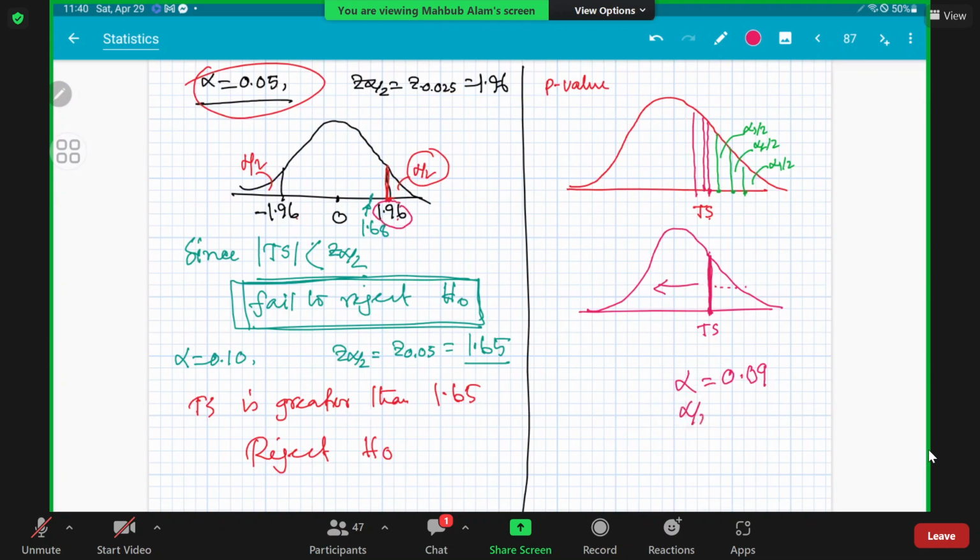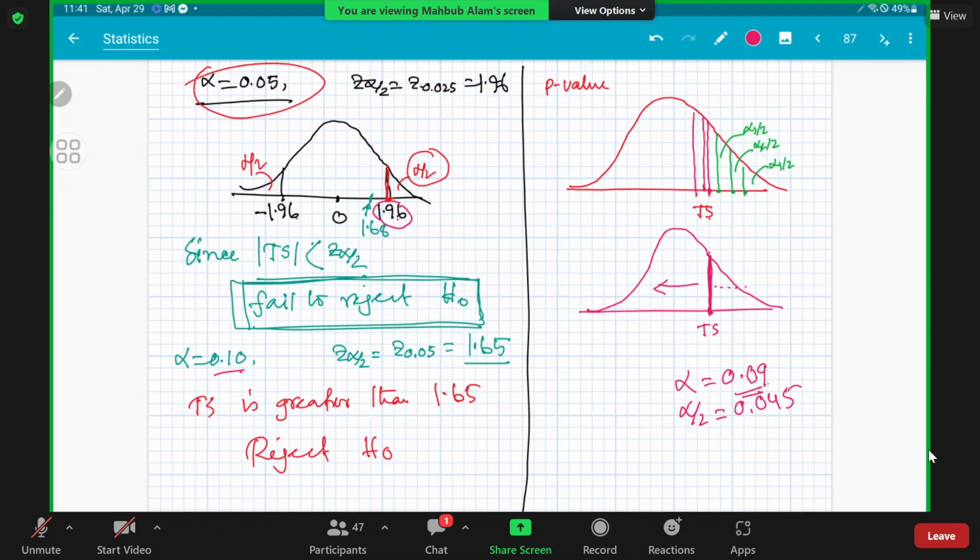So alpha by 2 is equal to 0.045 or 46, whatever. In that case, what happens? If our significance level is less than this, which occurs in case of 0.05, we do not reject the null hypothesis. If it is higher than this, that means 0.10, we reject the null hypothesis.